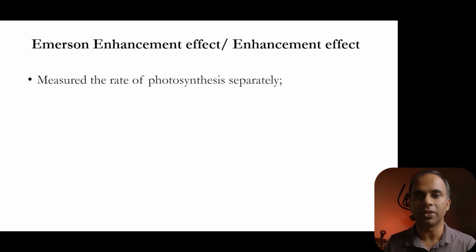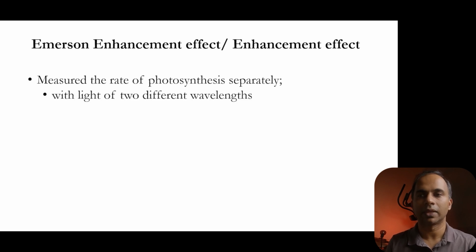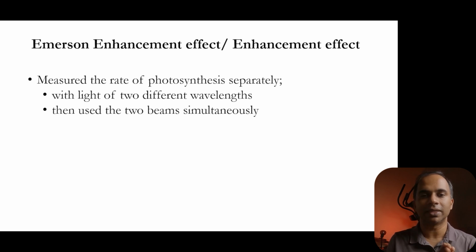He measured the rate of photosynthesis separately, using 2 wavelengths of light, and then instead of using them separately, he used both at once.